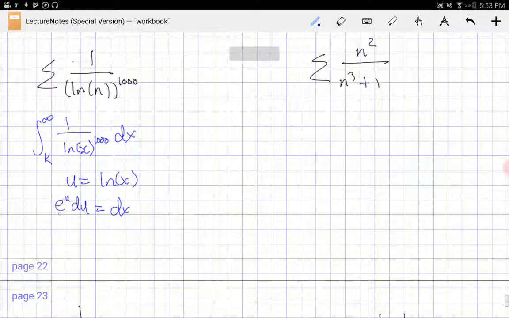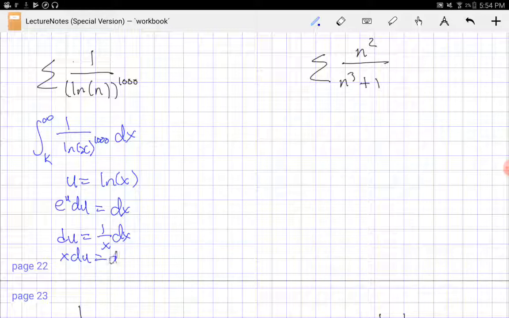Actually, I should explain how I got that. So if u equals ln of x, then du equals 1 over x dx. And so x du equals dx.